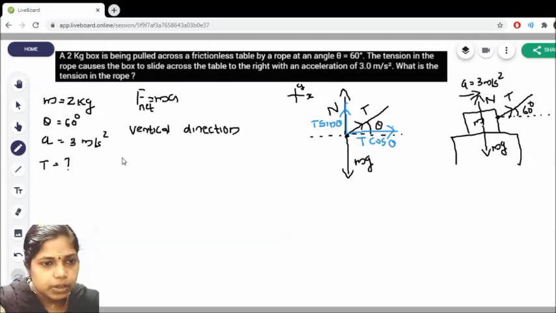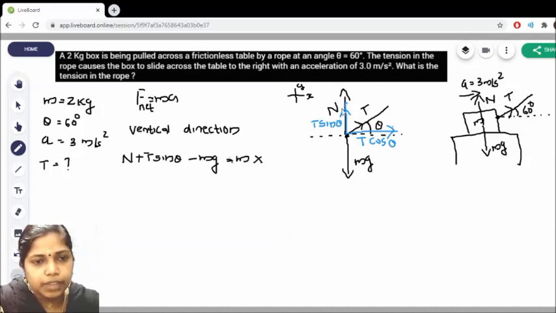Along the positive direction of y axis we have n and T sin theta, along negative direction we have mg. So when we are writing the net force, we will write it as n plus T sin theta minus mg equal to m into acceleration.